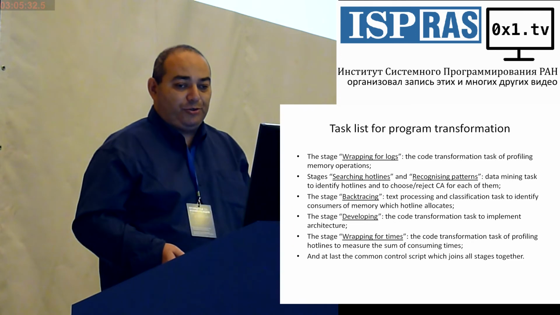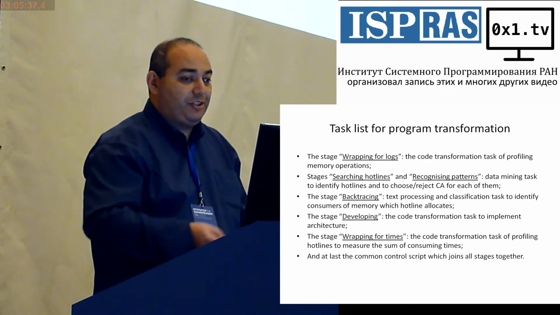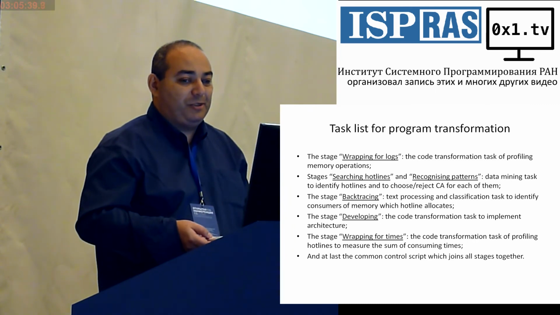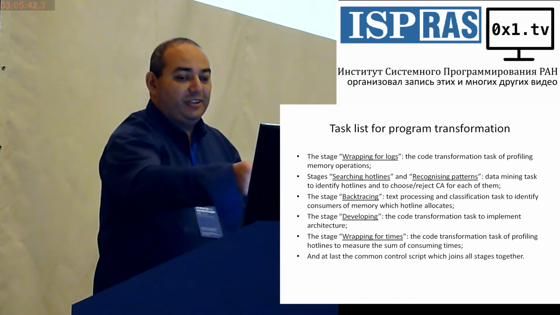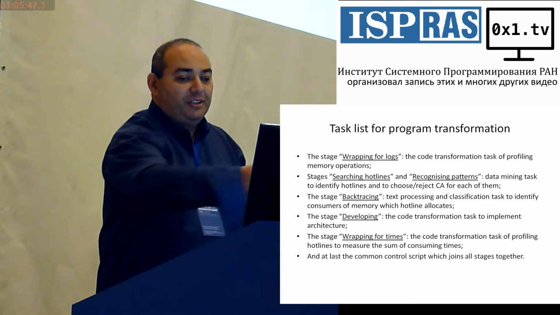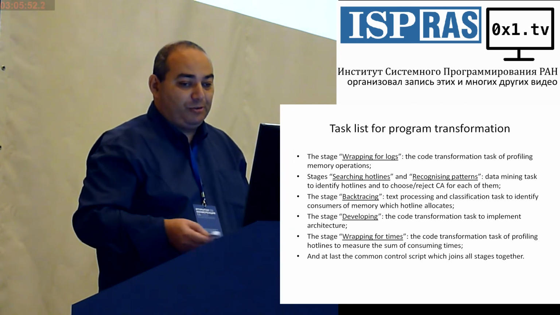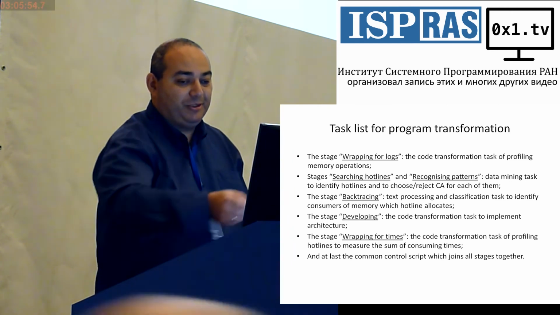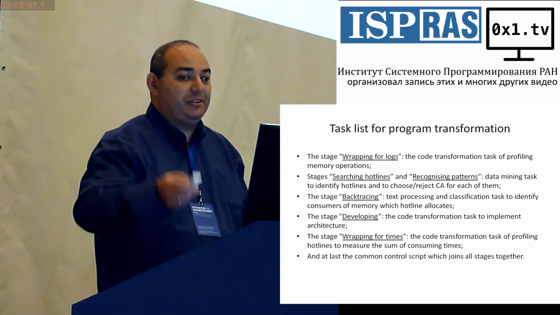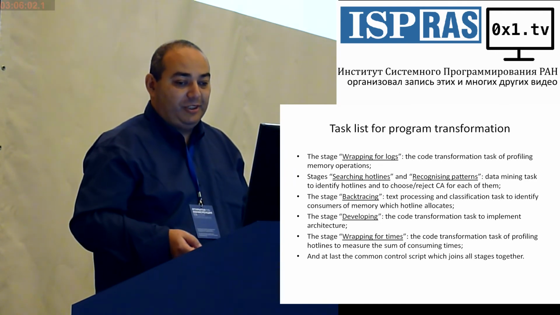In conclusion, I would like to say that besides the methodology, there are some tasks of automation and transformation of programs for different stages. For the wrapper, it's to wrap memory operations. For hotline searching, it's some statistical packages which will allow you to identify backtracing. It's cluster analysis of reverse classes to identify the distribution by classes and passes.